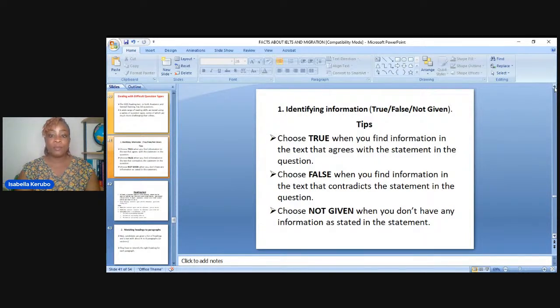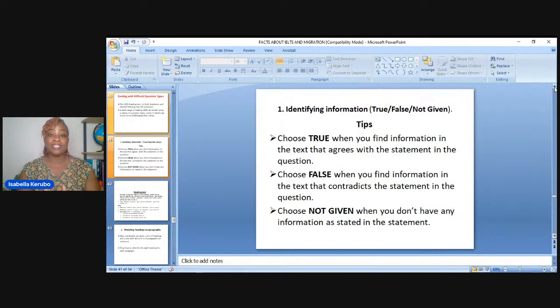If the information in the passage or the article that you're reading agrees with the statement in the question you are trying to answer, this is when your answer will be true or agree.